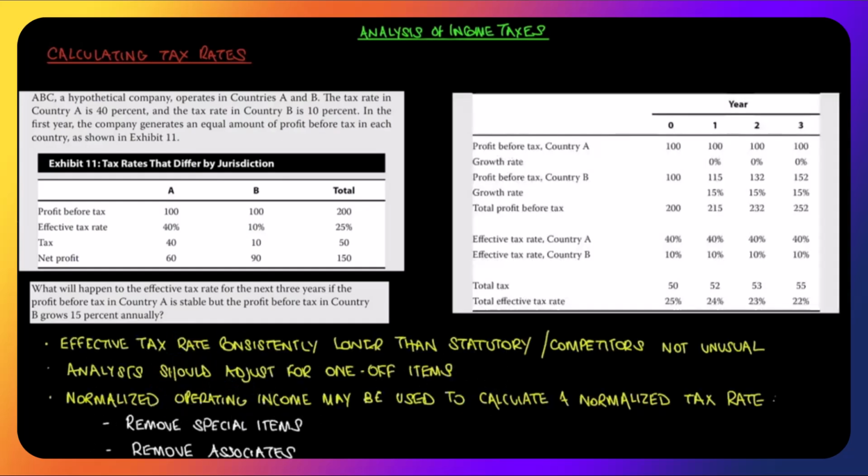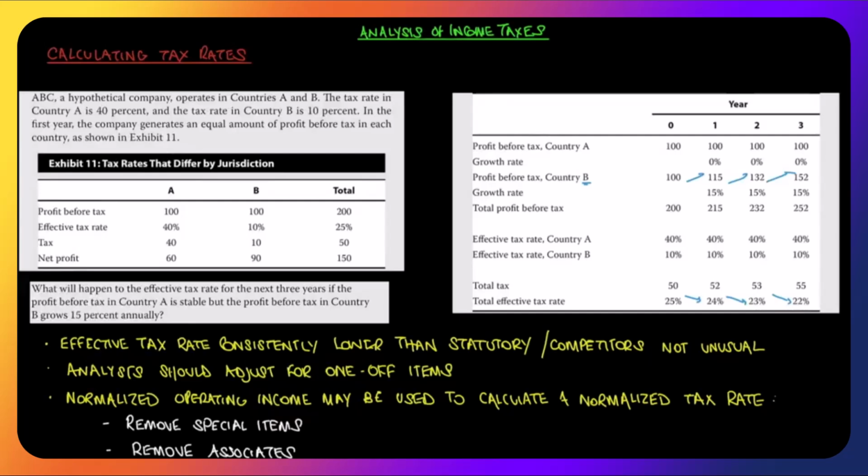So just to clean this up and show you the whole picture for years 0, 1, 2, 3, you can see as our profits grew each year in country B, the country with the lower effective rate, our effective tax rate kept falling. A couple of extra points I've just jotted down as well. Let's not panic.